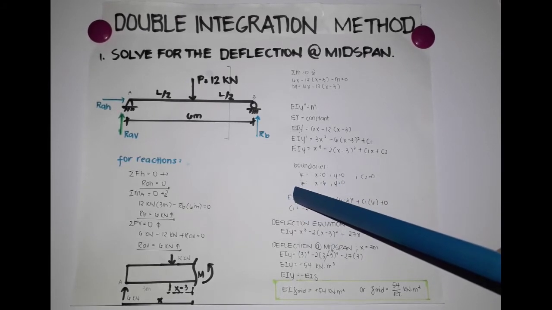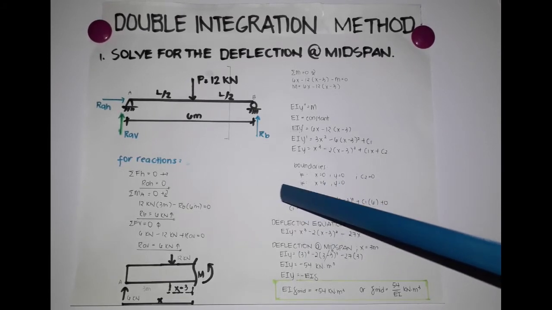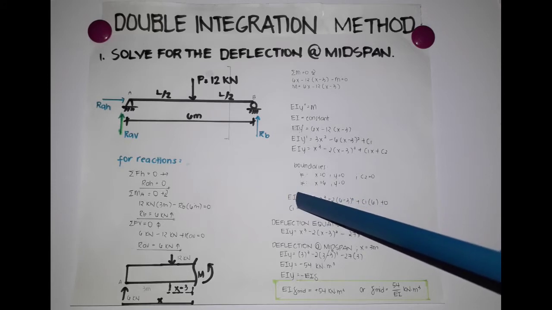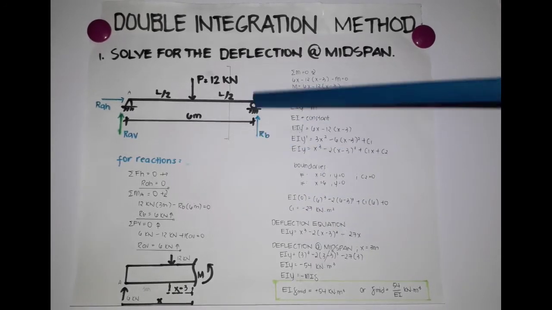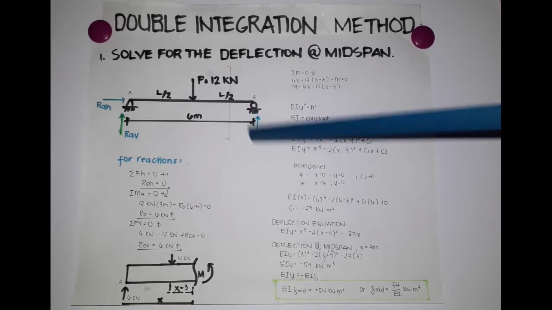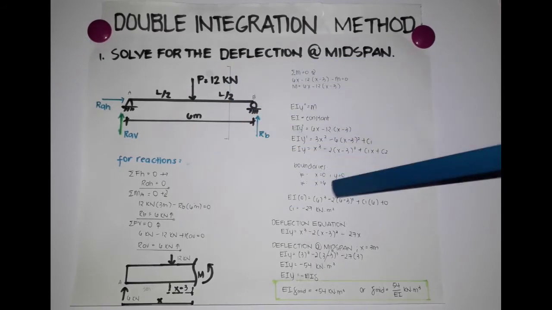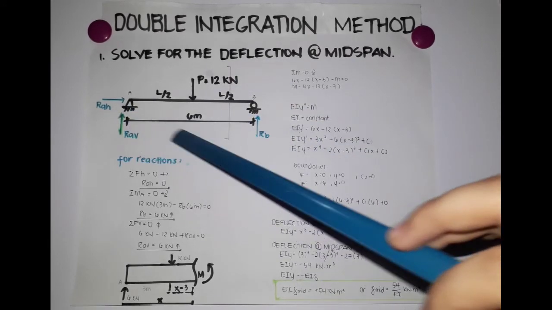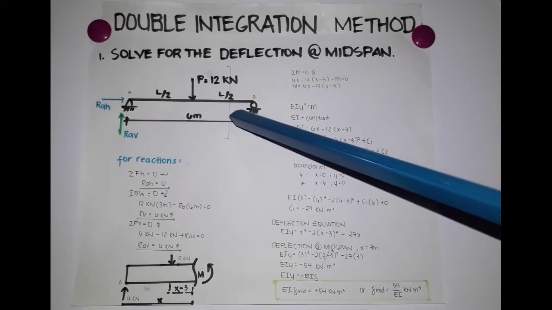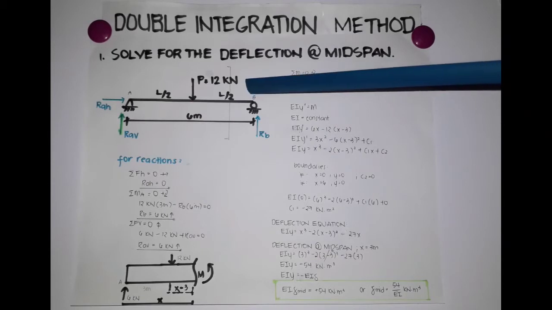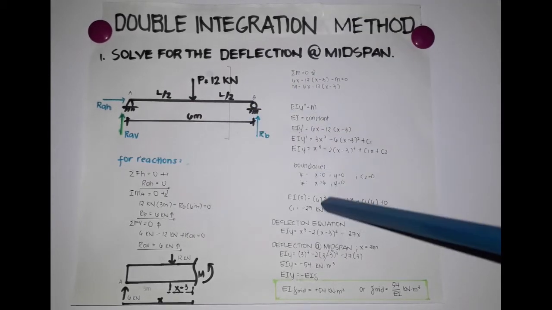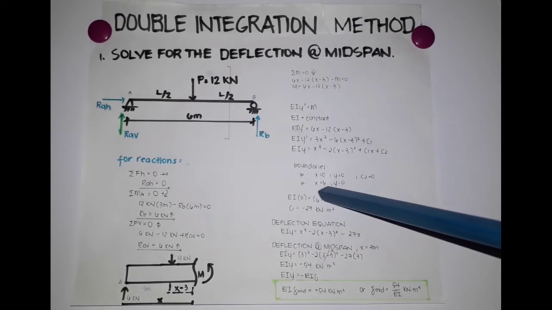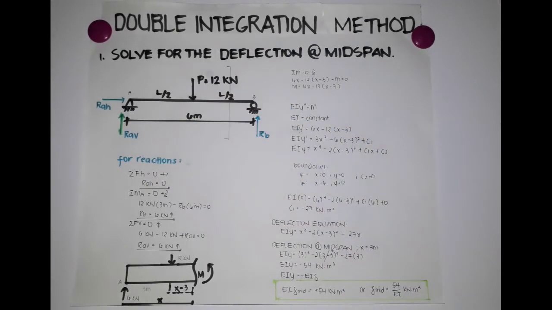And next is yung second na support which is yung roller natin. Roller support located at B, and located siya sa x equals 6 and y is equal to 0.